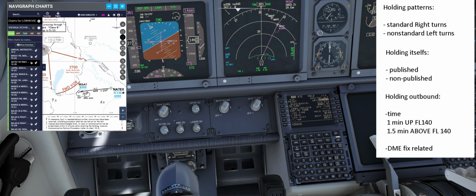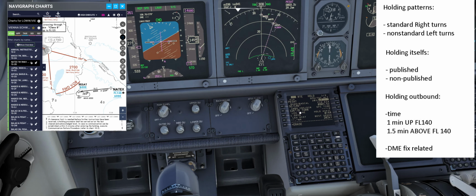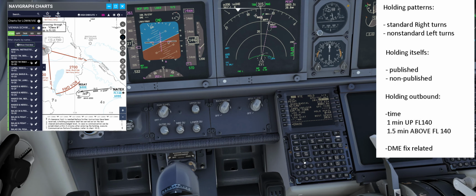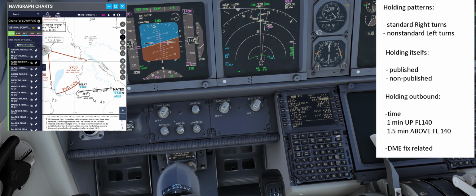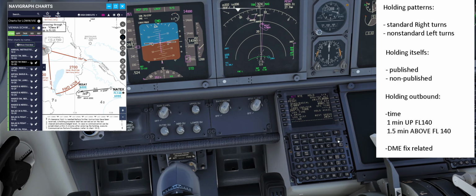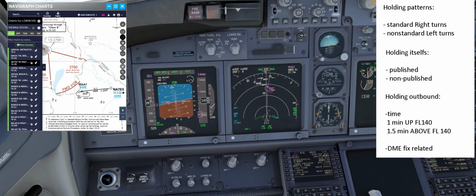That means 269 with left turns. As you can see, we don't have it properly coded in our database. So in our case, I put 269, which is our inbound course, and /L, that means we are going to make left turns. Now it's okay. Now we can execute it.